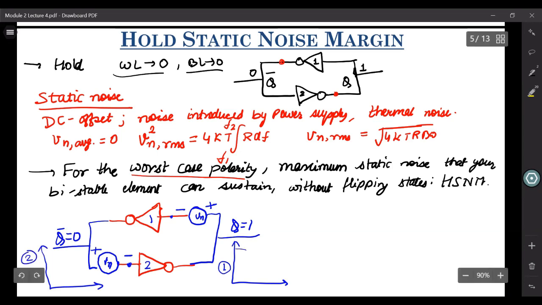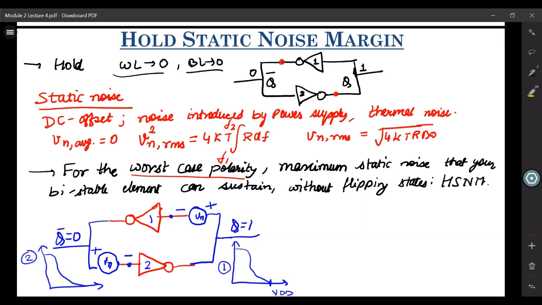Let us draw it in the absence of noise. Okay. So now when Q is 1, consider the effective input that inverter 1 sees. Earlier it was VDD, since your Q was 1. Now the effective input that inverter 1 sees is VDD minus Vn.